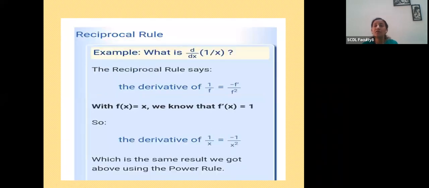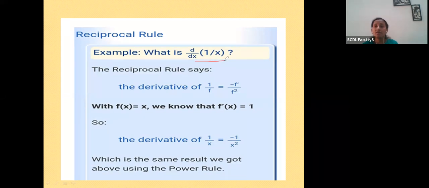Now next, the reciprocal rule. What is d by dx of 1 upon x?